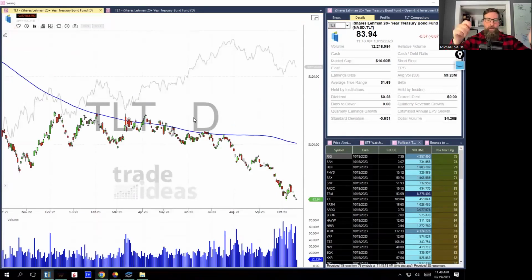If TLT is moving lower, which it is now, it means rates are moving higher. If TLT is moving higher, it means rates are moving lower. And I don't think any of these companies are going to get a lot of relief until rates come down. So I hope that makes sense as an explanation for why a lot of these big blue chip staples type companies are getting killed. And I think they're going to continue to get killed.